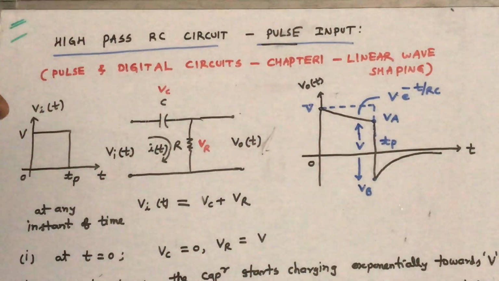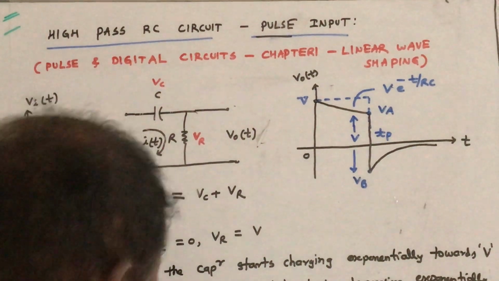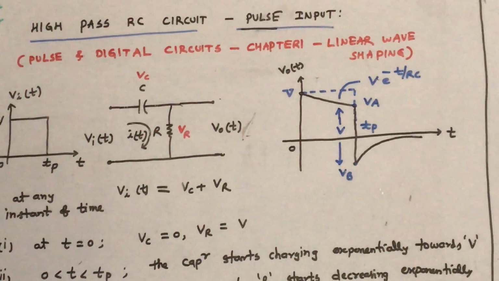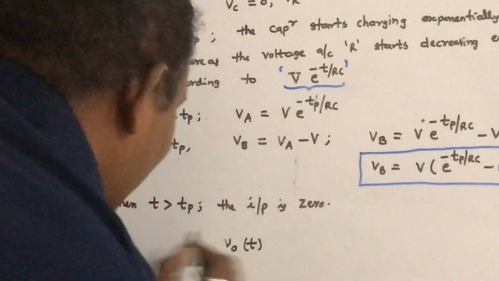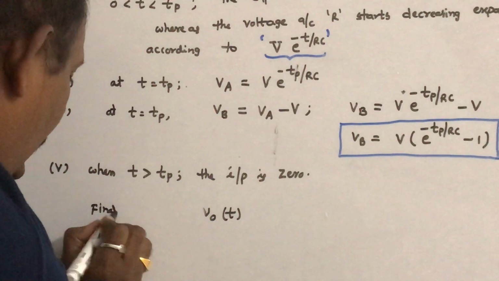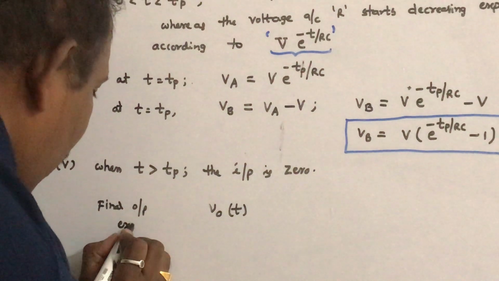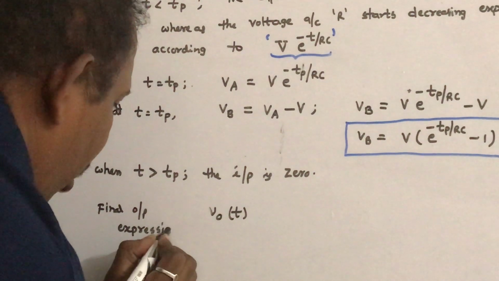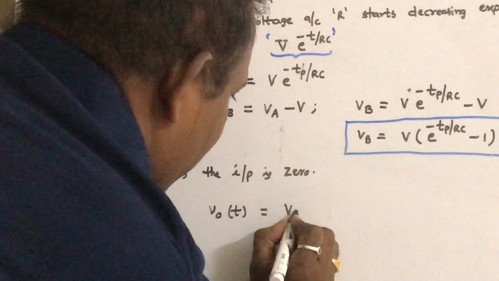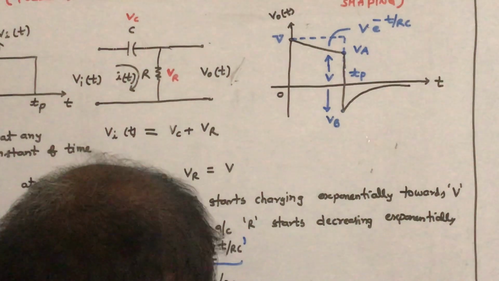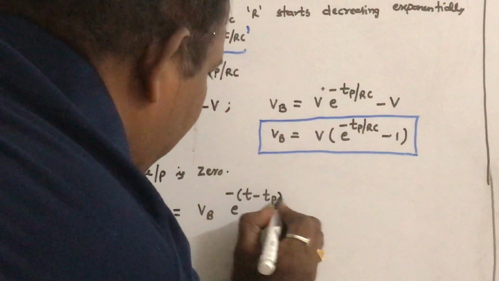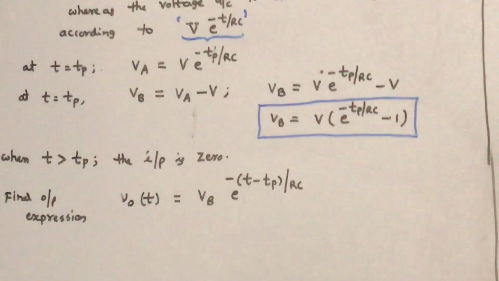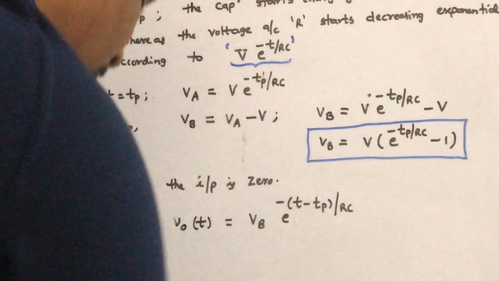So for t greater than Tp, the final output expression, V0 of t, is taken as VB, because the starting voltage is VB. So VB into e power, because this exponential decrease starts at time t is equal to Tp, you have to write minus (t minus Tp) by RC.